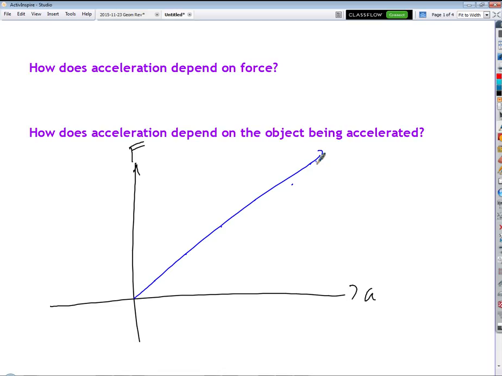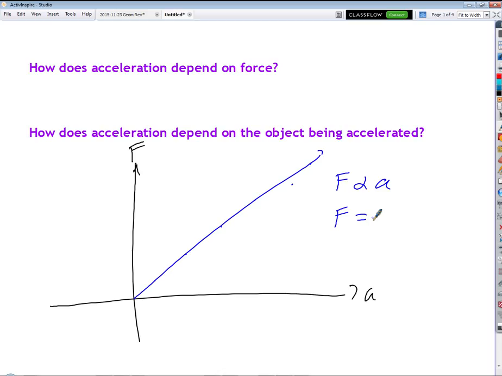Now, we know that if two quantities are proportional, we write that like this: F is proportional to A. That's interesting, but it's much better if we can write it in the form of an equation, right? And what does a proportionality equation always look like? If I want to make this an equation, I would write that as F equals, well, it turns out it's M, but we didn't maybe know it was M at first.